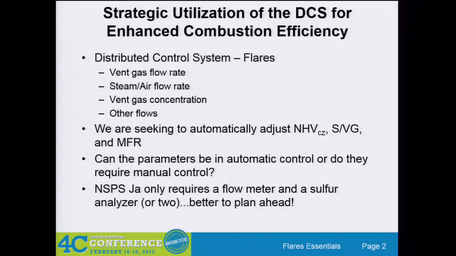So when you think in your head, okay, we just got to adjust steam and supplemental fuel, it's not an easy process. There's a significant amount of engineering and programming that's going to have to be done. But a lot of people have done it inside the DCS.